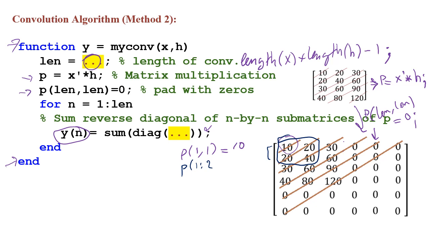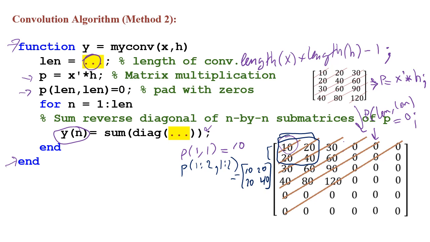This is for the row number. For the column number, it's still 1 through 2, but we need to put it where the column number goes. So it will be 1 through 2. This is going to give you the submatrix 10, 20, 20, 40.